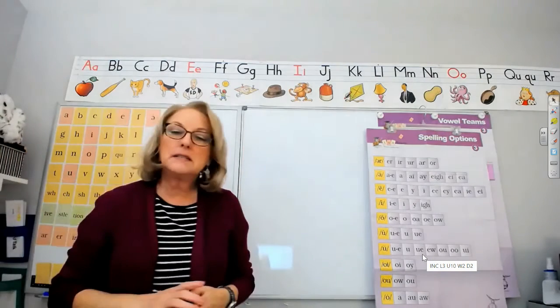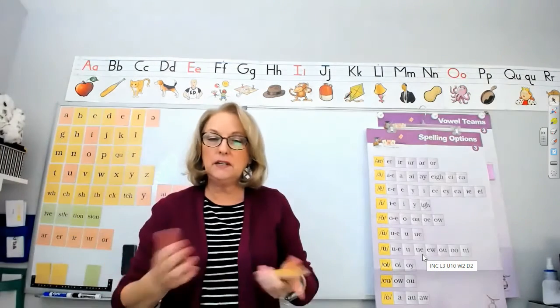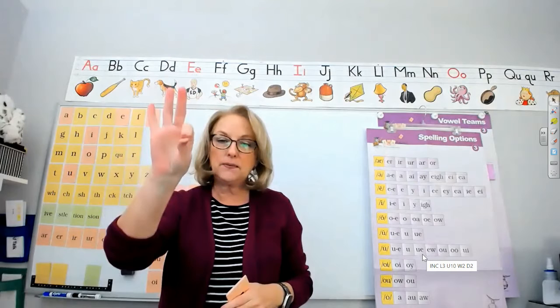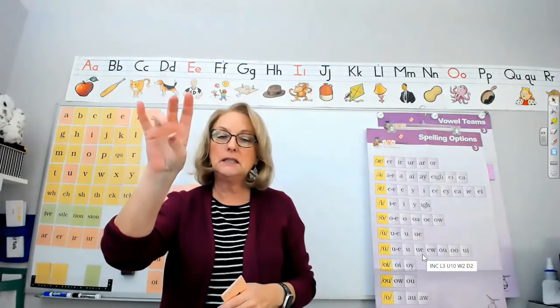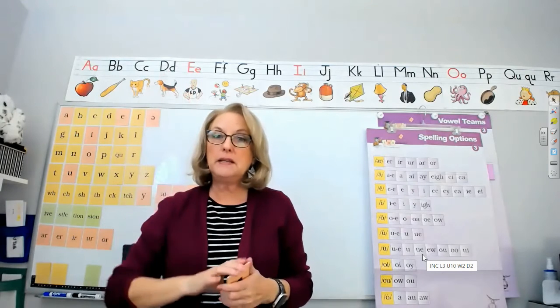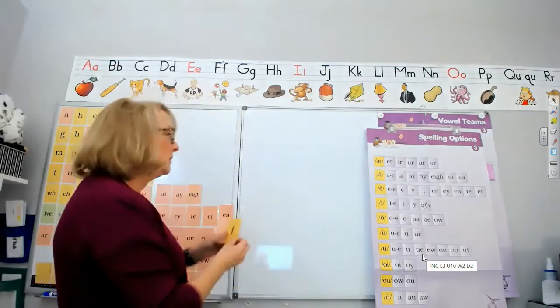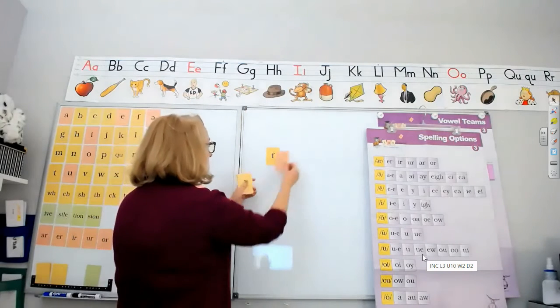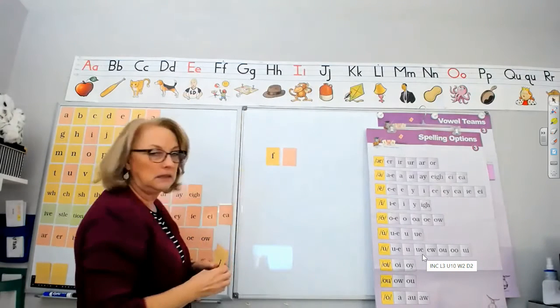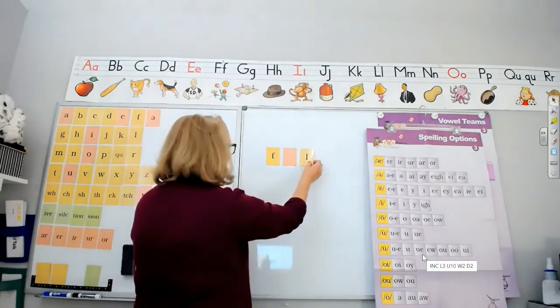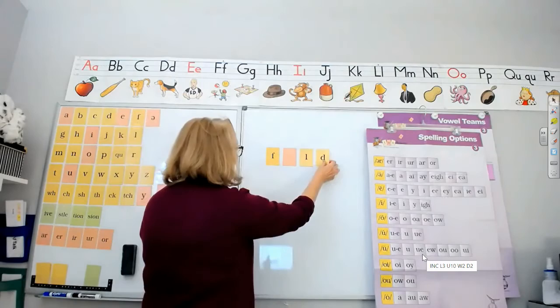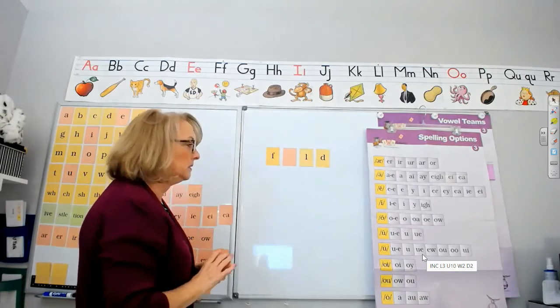Here's the word. Say field. Field. Tap it. F-E-L-D. Do you hear the spelling option in that word? Again, the long E sound. Let's build our word and put a blank pink tile with a long E sound. And now let's look at our options.